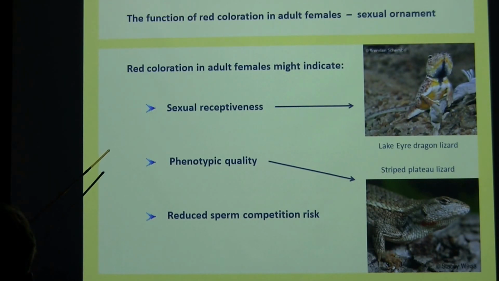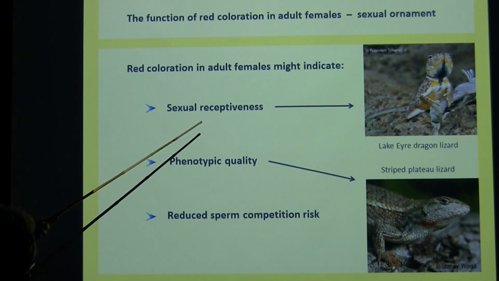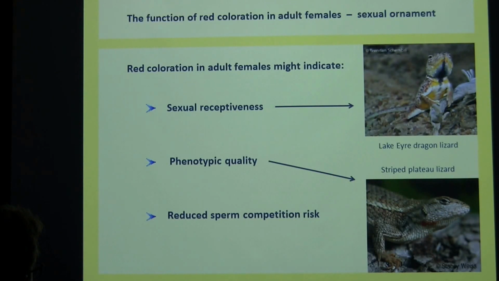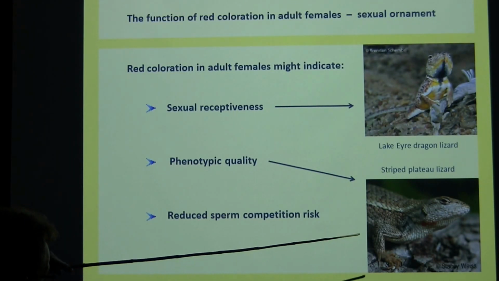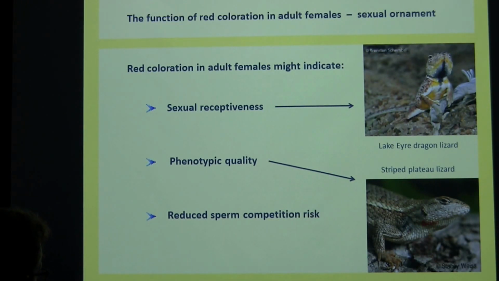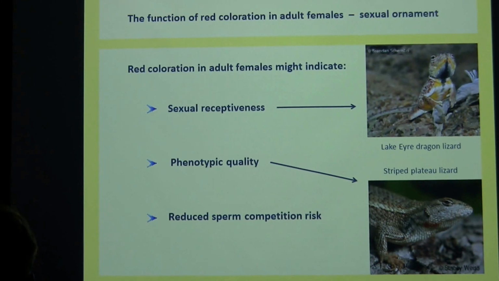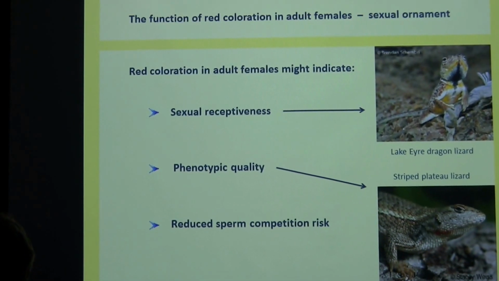It probably indicates sexual receptiveness, as has been suggested in other species, for example in the lake dragon lizard. But red coloration might also indicate phenotypic quality, as has been suggested in the striped plateau lizard, or even reduced competition risk if the red color is related to virginity.